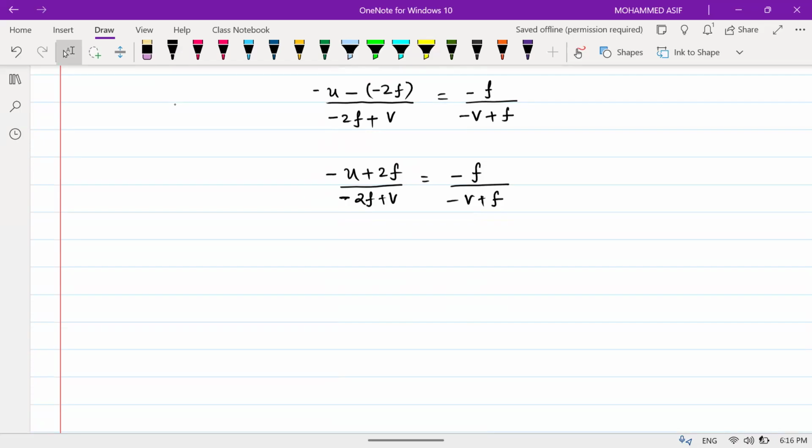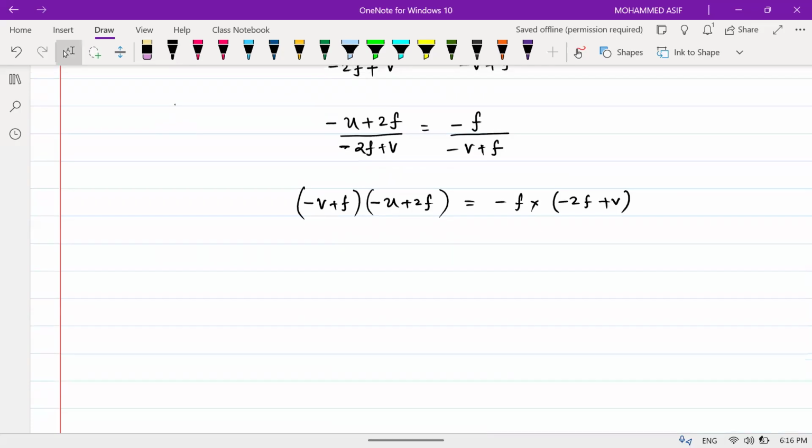Minus v plus f multiplied by minus u plus f is equal to minus f multiplied by minus 2f plus v.